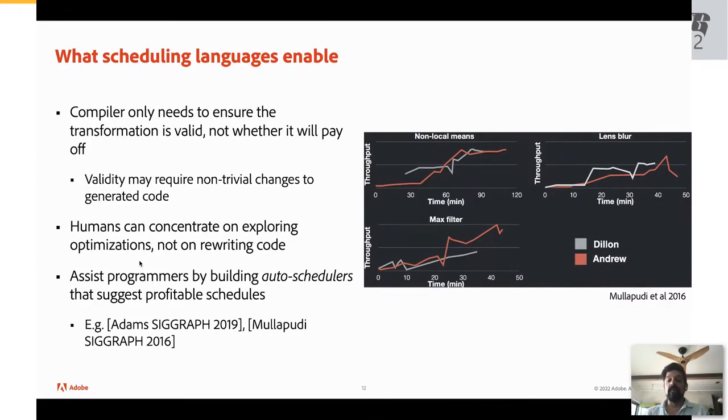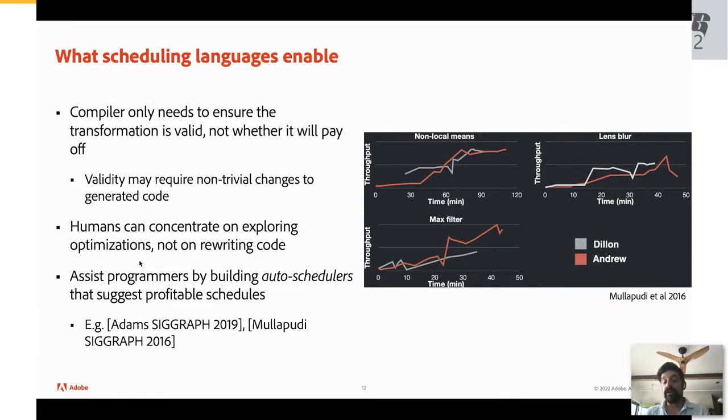What this chart is really showing here is the time it takes for two expert programmers to actually explore a large set of optimizations and to see how that pays off in terms of the throughput of the code that they created. So if you look at the time scale on the x-axis here, what you're seeing here is minutes.